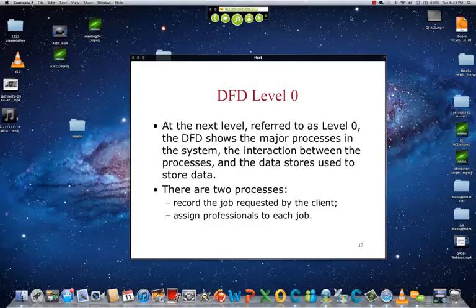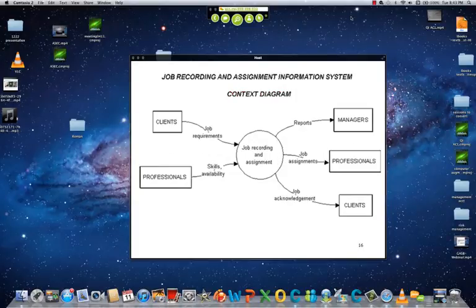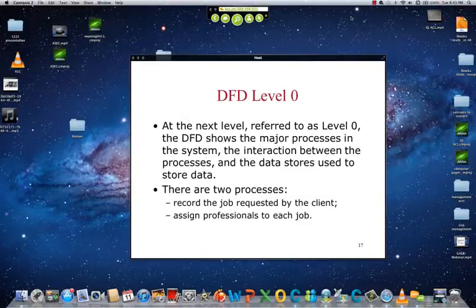In level 0, you want to show the most important processes. Here you have two most important processes. One process is to record the job request. Another one is to assign professionals to the job. They identified two of them. Maybe you can think of a third one. It's more of an art.